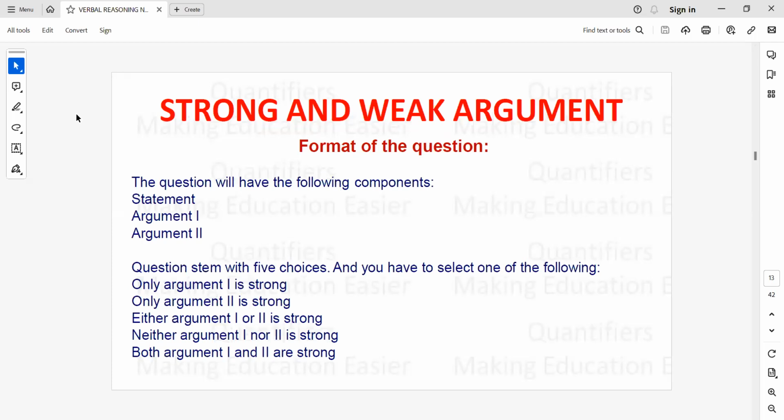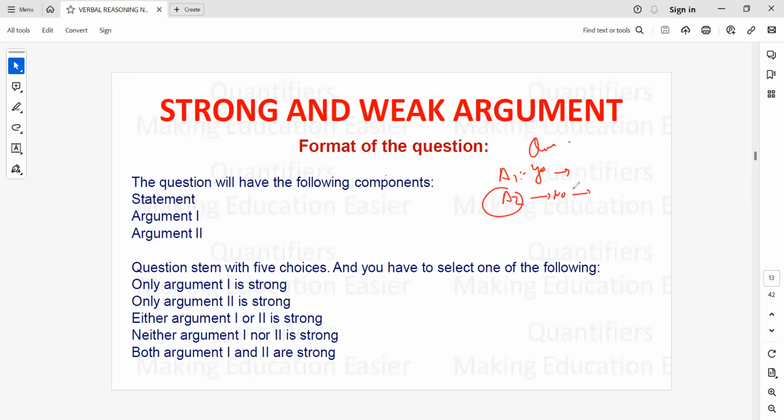Now, what happens in a case of strong and weak arguments is that they put a question to you, right? And then there's a question statement, and then there are two arguments, argument one and argument two. Argument one may say yes and then give a reason. Argument two will say no and may give the reason.